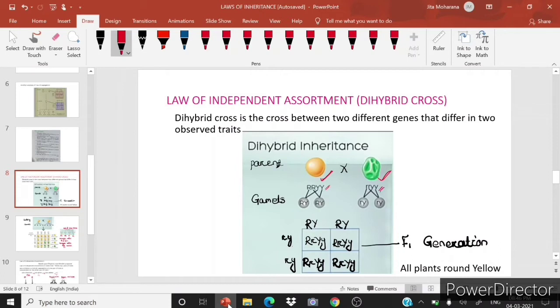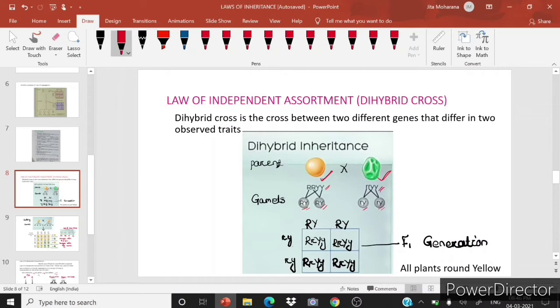When they produced gametes, the round yellow seeded plant produced gametes capital R, capital Y, and the wrinkled green seeded plant produced gametes small r, small y. When these gametes fuse to produce the hybrids, in the F1 generation it was found that all plants were round yellow.